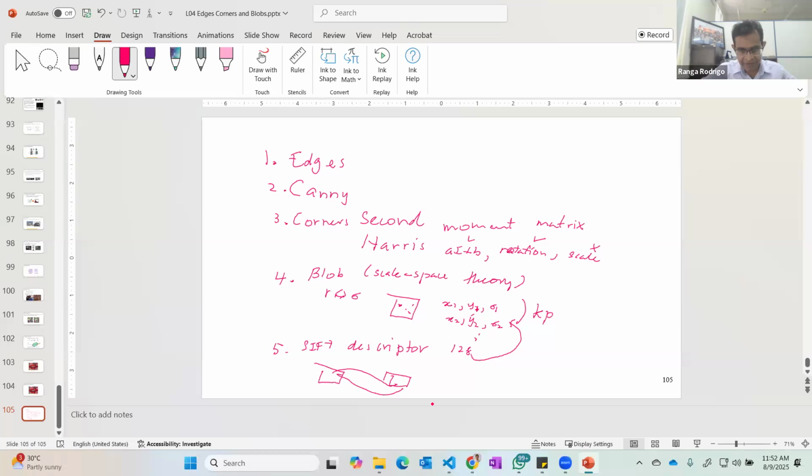Point matching is possible. With this matching, perhaps you can do a 3D reconstruction. Perhaps you can detect objects, and all these things are possible. I hope these are clear to you. Any questions about this? Some quiz questions are also there. You can look at the quiz questions.